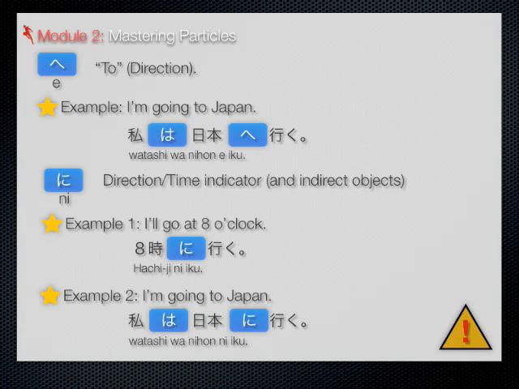But in my experience using the language, I would say ni is more commonly used for spoken Japanese, and I would say that when in doubt, use ni. So that's my personal judgment call. If you've heard differently or know differently, I'd be interested to hear. So shoot me an email if you know the mystery behind this overlapping usage of e and ni.